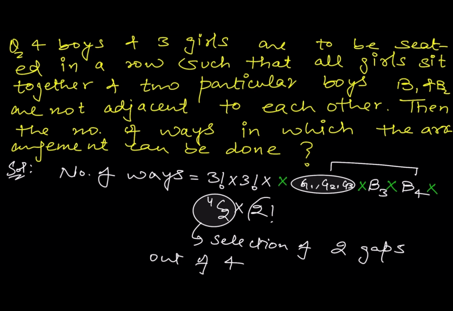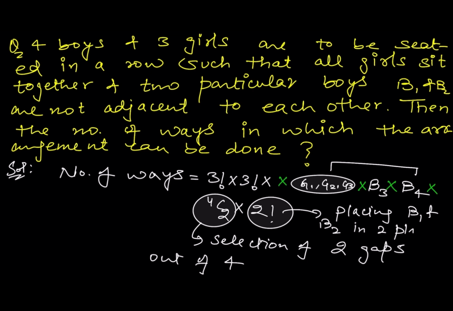And this 2 factorial represents placing B1 and B2 in 2 places, right?